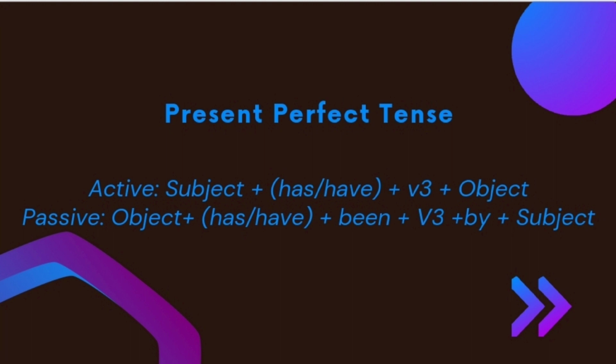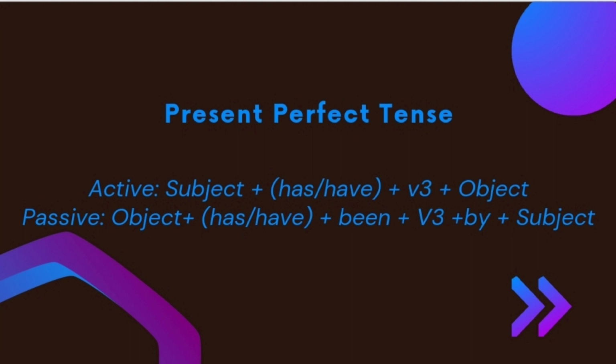Now, in active voice, the structure of the sentence is like this. First, we take a subject. Depending on the subject, we take has or have. If the subject is singular or third person singular, we take has. If the subject is I, you or plural, we have to take have plus V3 form or verb in past participle form plus object.